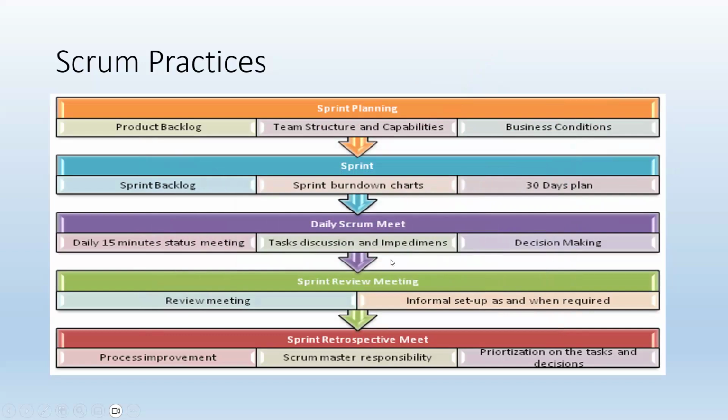We have the sprint planning, we have the sprint itself, daily scrum meetings, the sprint review meeting, and the sprint retrospective meeting. Those are the 5 phases in classic agile methodology, 5 very important things we need to understand: 1, 2, 3, 4, 5.